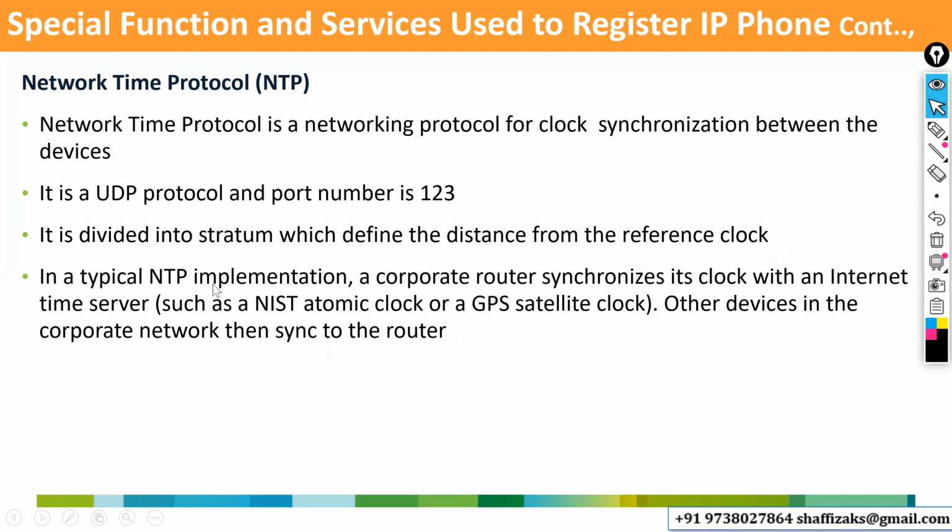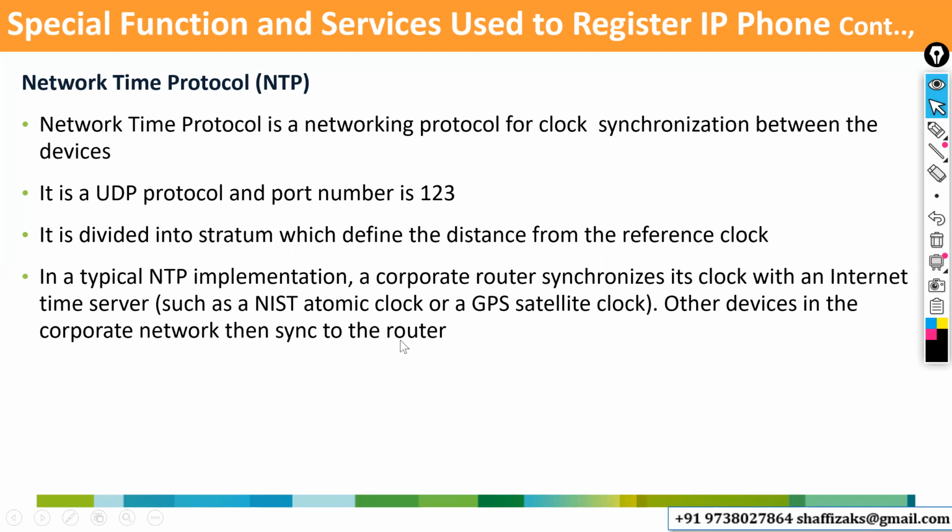In a typical NTP implementation, the corporate router synchronizes its clock with the internet time server, which I have already explained. Generally, every organization's gateway is going to synchronize with the external NTP server in the public network. Other devices in the corporate network sync to the router.